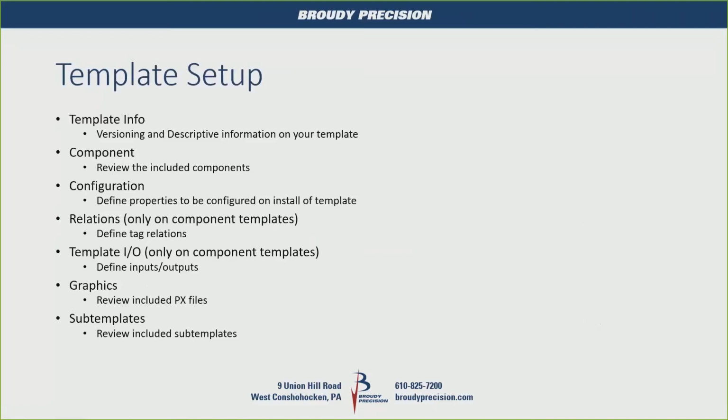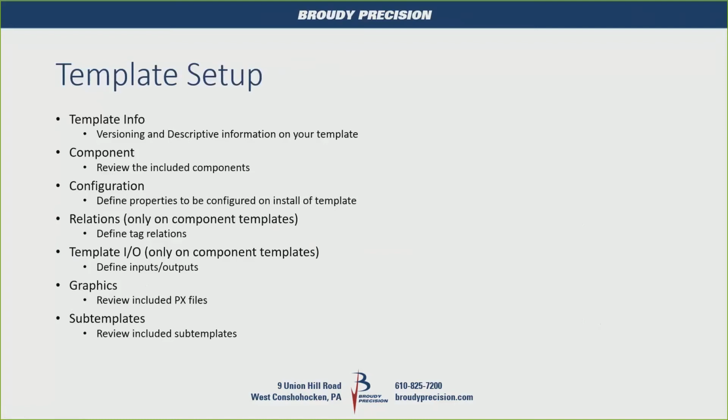You've got a bunch of different tabs when you go to make your template, and we'll go through this in a minute. Your first one is your template info. It basically gives you your descriptive information on the template, versioning, that sort of stuff. The component tab will give you all of the included components, basically the nav tree of everything that's included inside of the template. Your configuration will be where you can define properties that you'll be prompted to set on the install of the template.